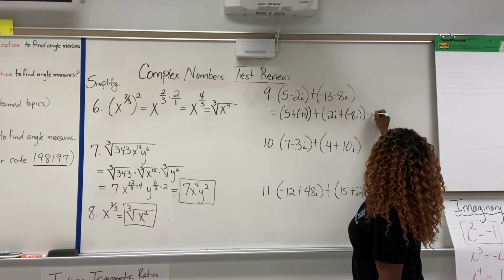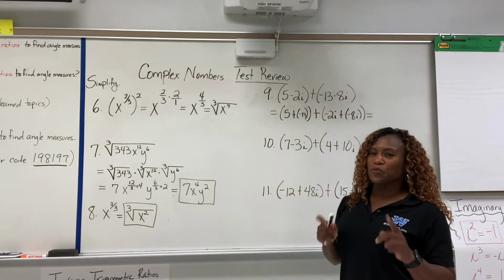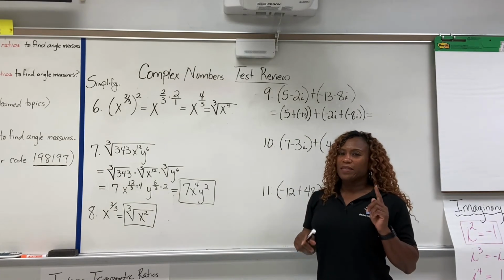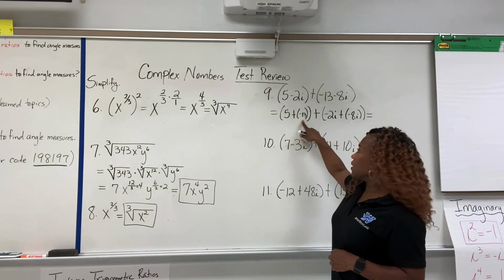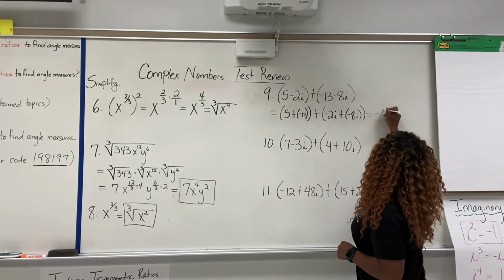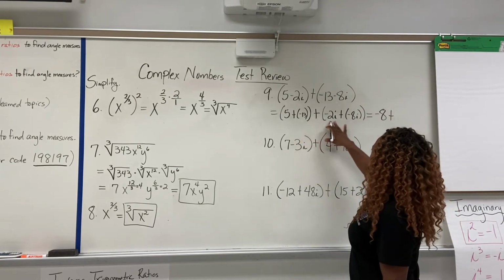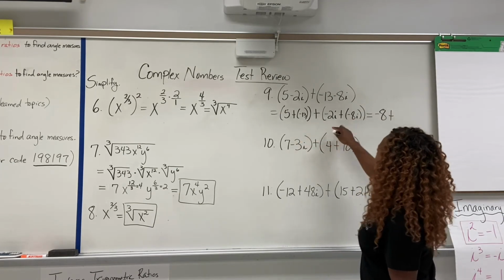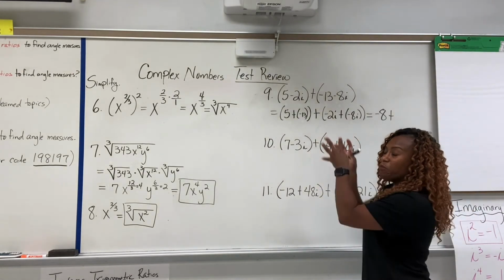So let's get these results. 5 plus a negative 13. Remember your rules for adding and subtracting integers? So I know my answer is gonna be negative because I've got more negative than positive. So this will become a negative 8 plus, now I need to do this part, the imaginary part. So a negative 2 plus a negative 8, so I've got some negatives and more negatives.